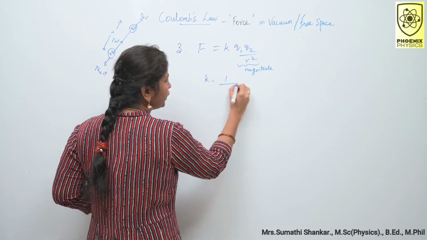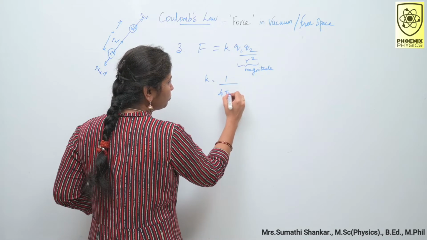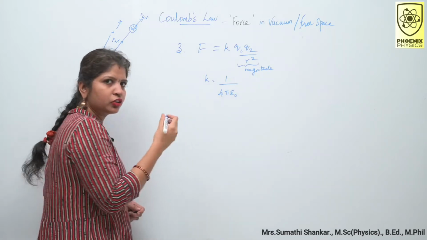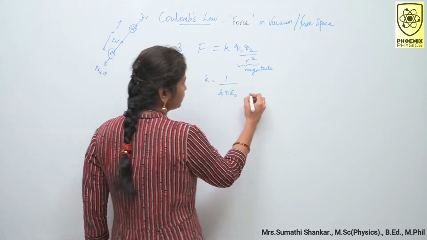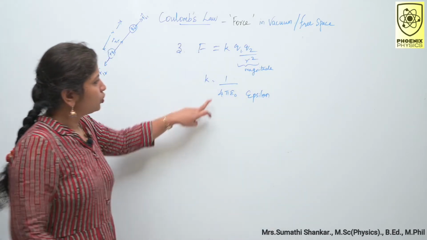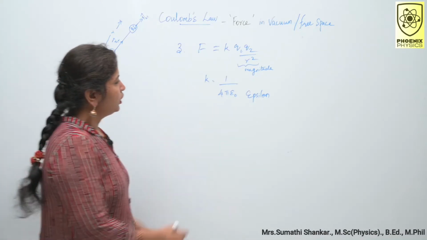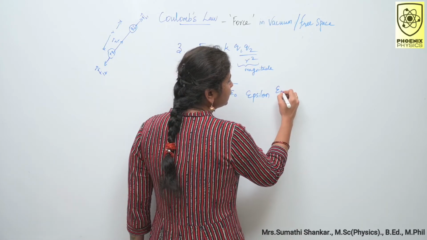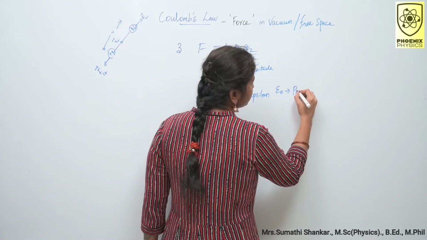What is the value? K is equal to 1 by 4 pi epsilon naught. The epsilon naught is called the permittivity of free space.